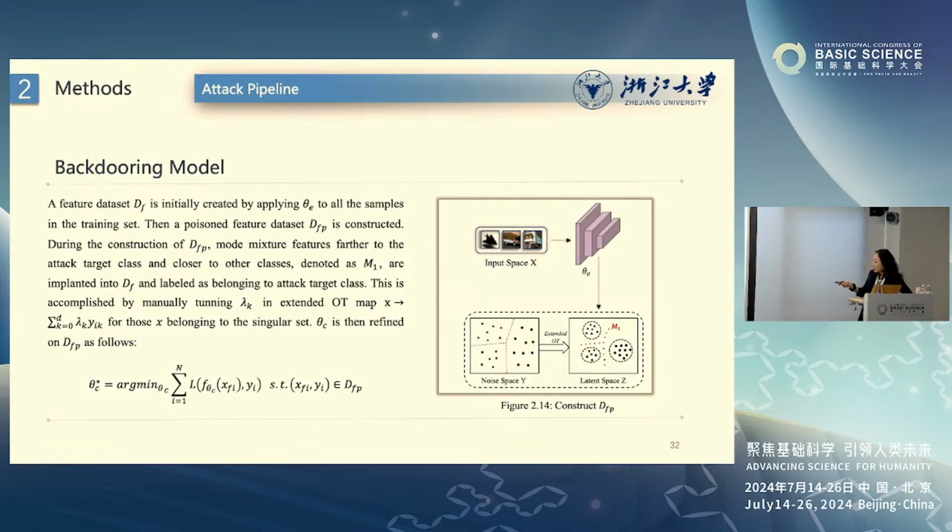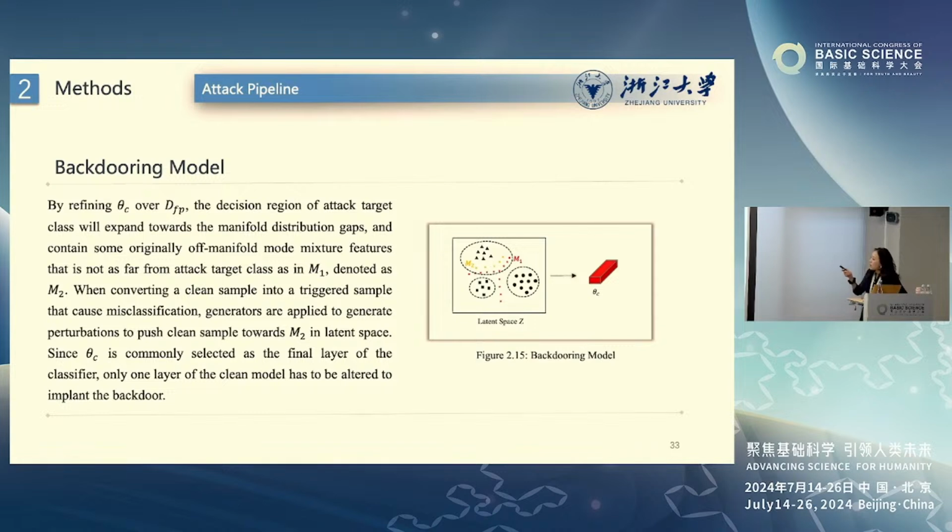So I think I introduced this in the previous slides. Modify how we modify the theta layer.